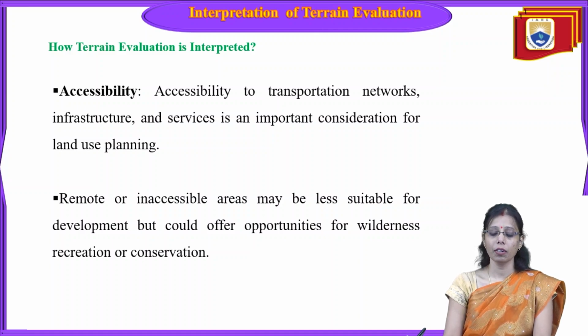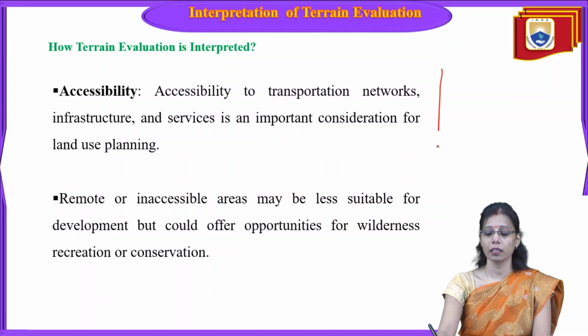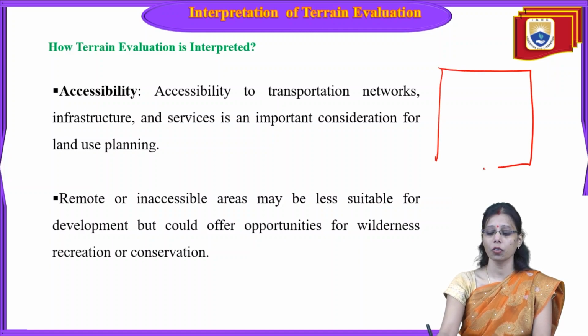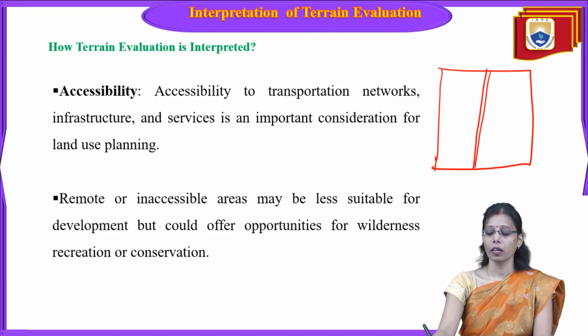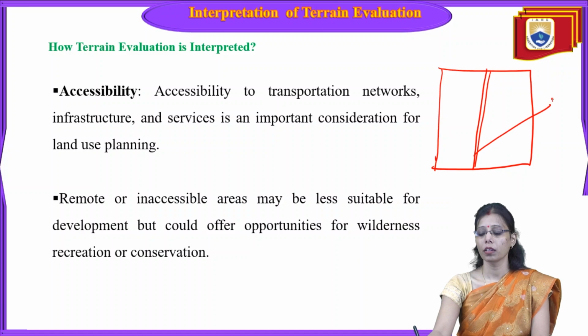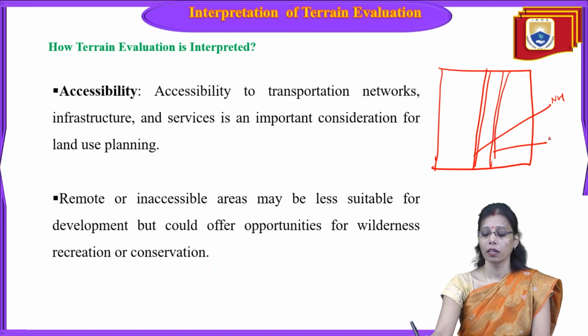While evaluating the terrain, when you see a photo sheet, or a map, or a satellite image, or an aerial photograph, if we see a lot of networks, suppose this is the NH, National Highway, and you may see somewhere a state highway, and a lot of roads which are connecting to it, okay.